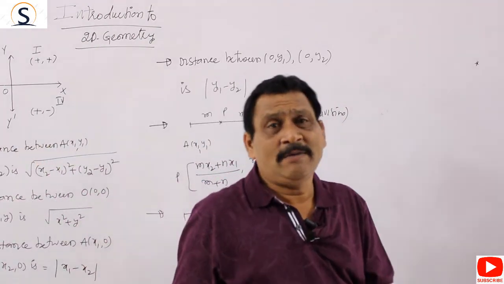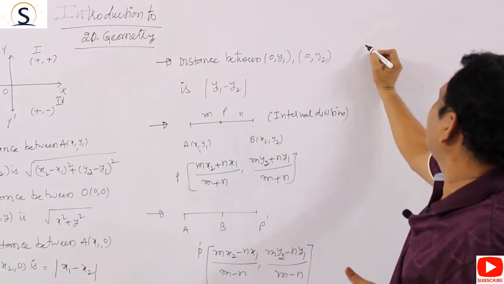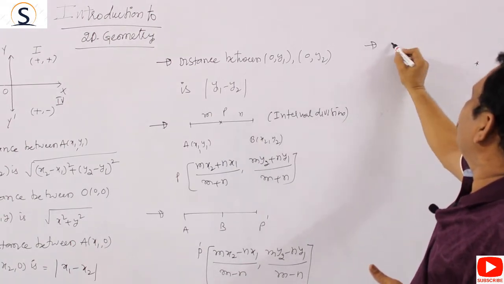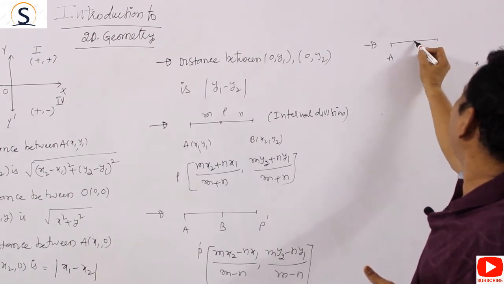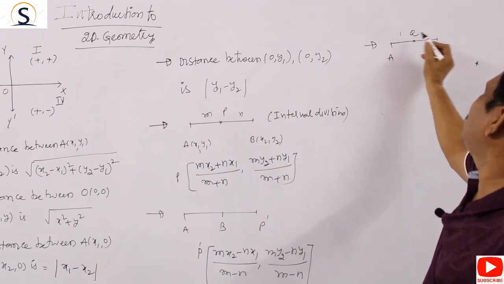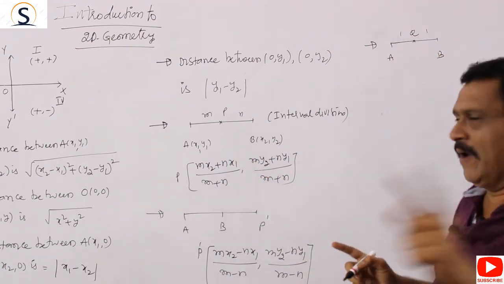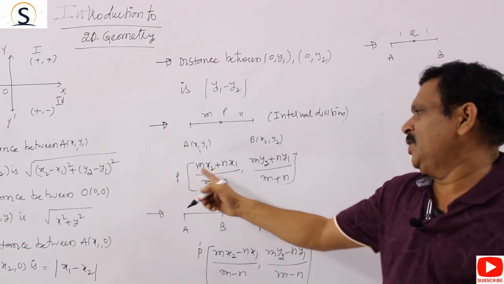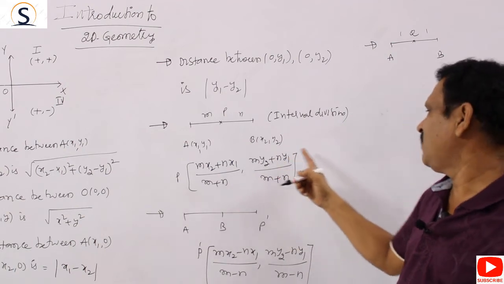Next, what is meant by equal division? Take A and B, and another point, say Q. Equal division means a 1 is to 1 ratio. Instead of m and n, it is 1, 1. Then the point's coordinates become (x1 plus x2) by 2, (y1 plus y2) by 2.